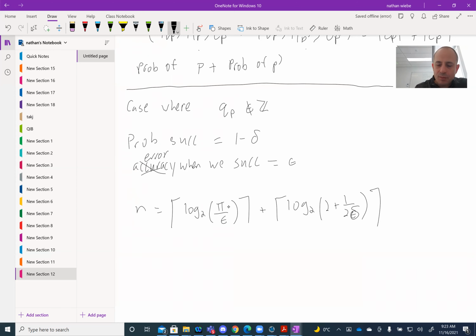Okay, so this value of n will suffice in order to be able to hit this.